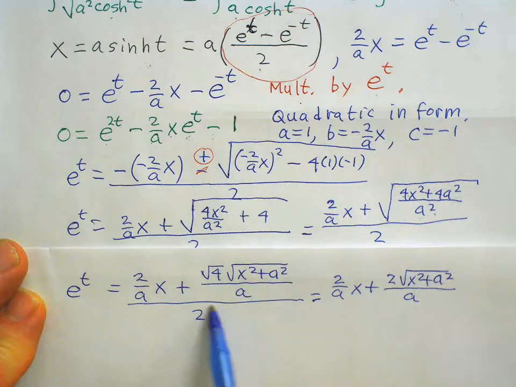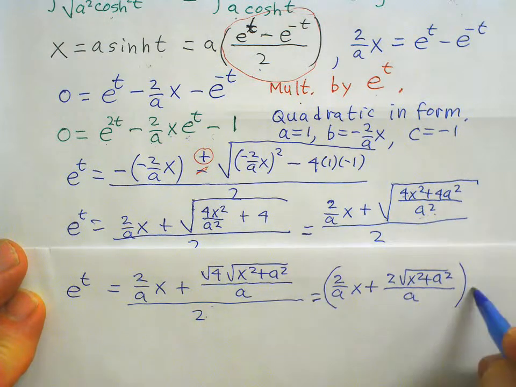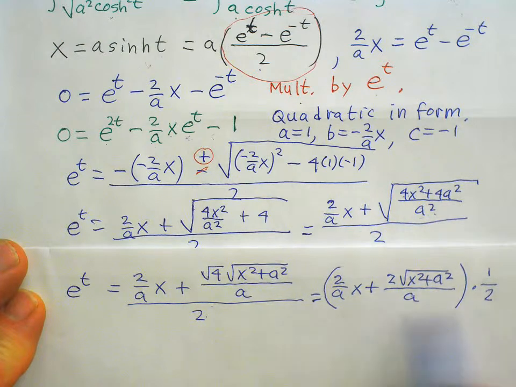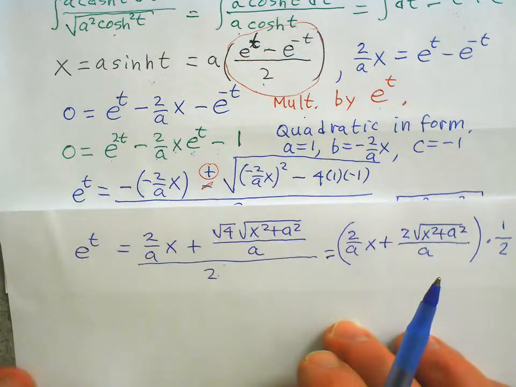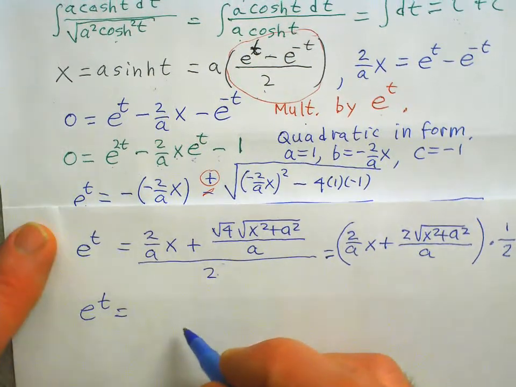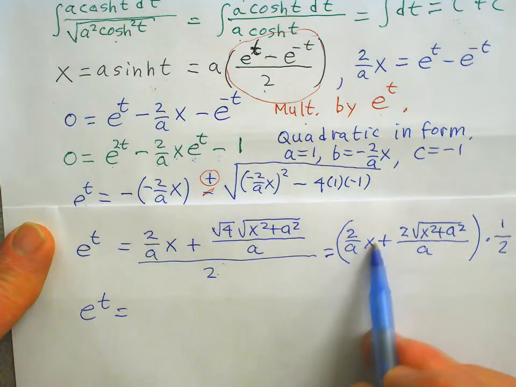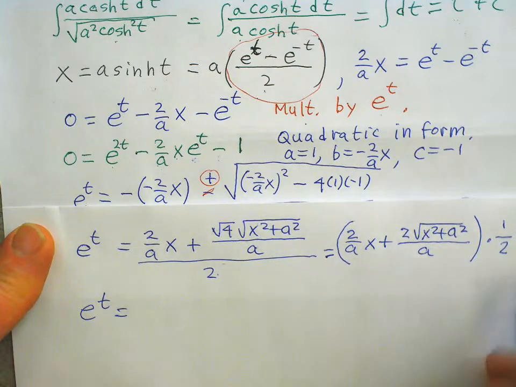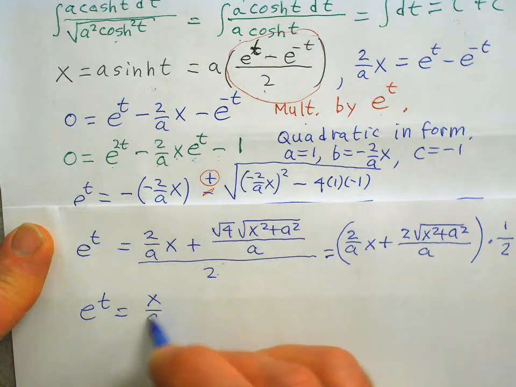Since I'm dividing by 2, that's equivalent to multiplying by 1/2. So I'm just going to multiply all of this by 1/2. And then I'll get e to the t equals x over a. 2x over a means when we cancel one factor of 2, we're just going to get x over a.